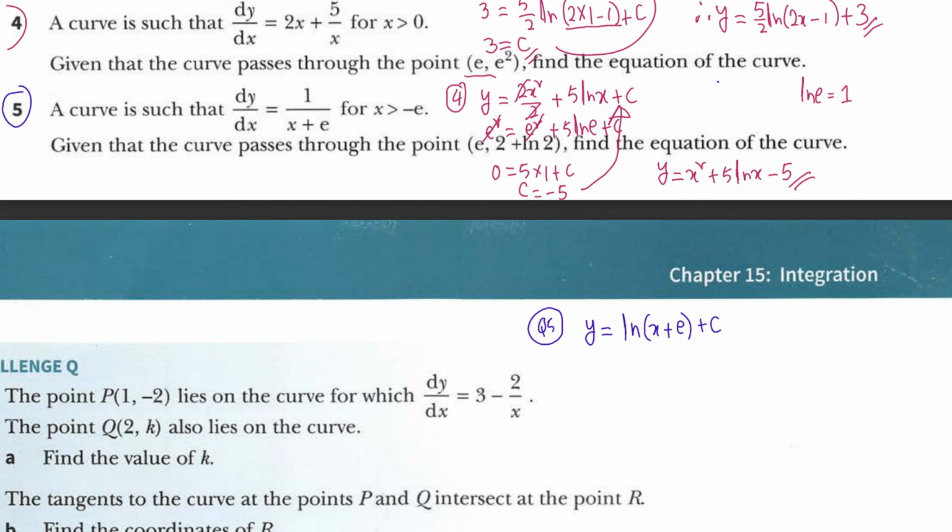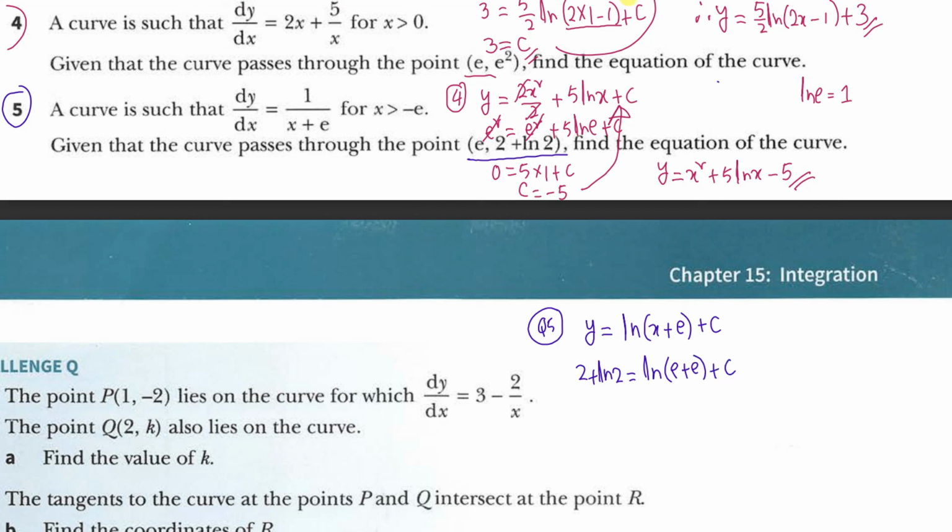So now we have to find the value of the constant by putting in this value, where the y value is written here as 2 plus ln 2, then x is given here as e, so e plus e, which is 2e, then plus c.